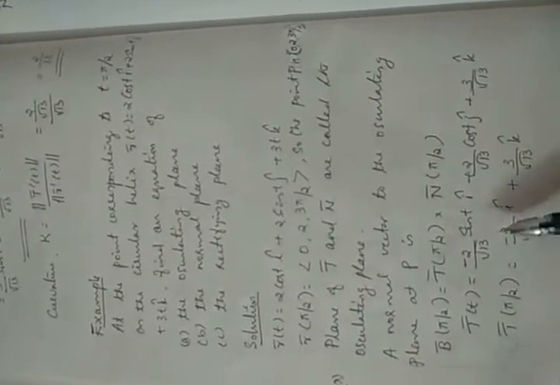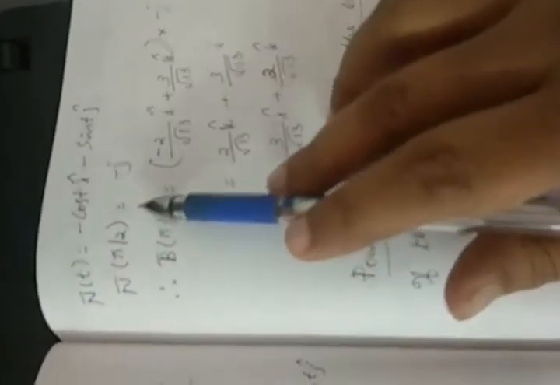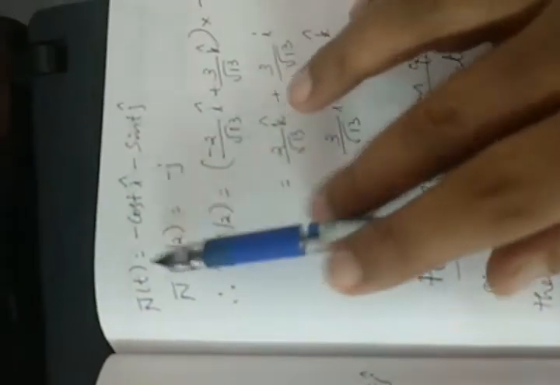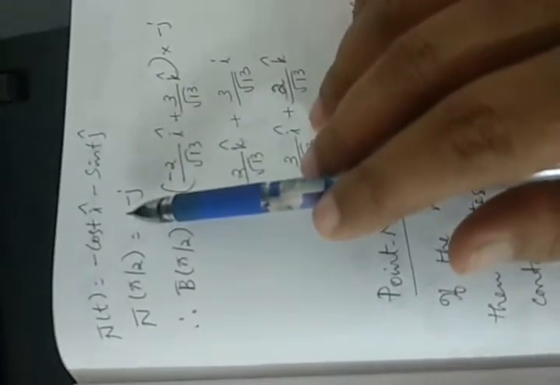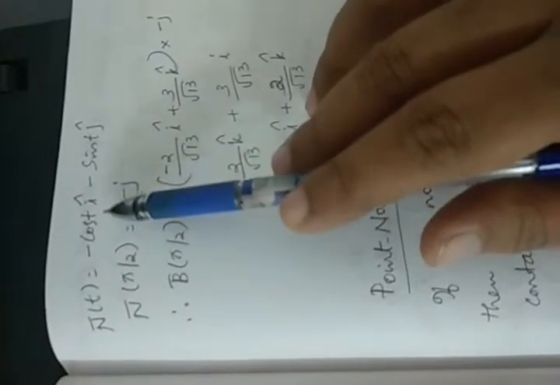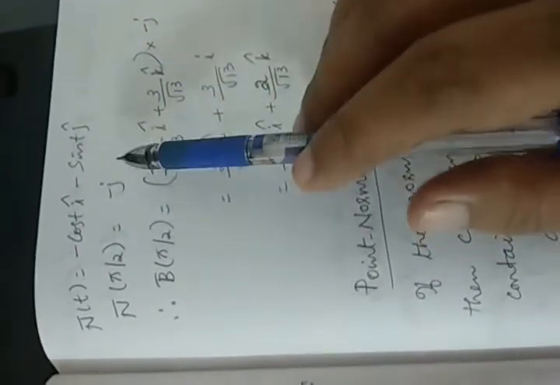The second term will be 0, and the first term becomes negative 2 by root 13 i, plus the third term as it is, 3 by root 13 k. Similarly N of pi by 2, we put t equals pi by 2 in N of t. The first term becomes 0, and the second term becomes minus j.